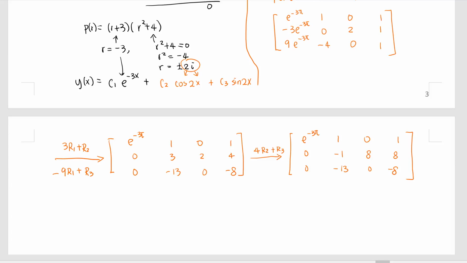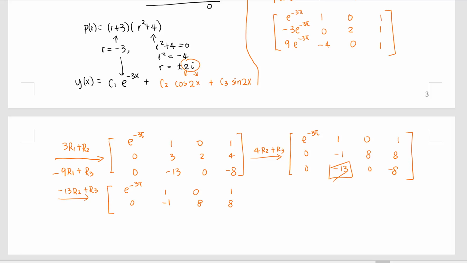So we continue. Next, we want to get rid of that. So we use negative 13 R2 add R3. Okay, so what do we get? E to the negative 3 pi, 1, 0, 1, 0, minus 1, 8, 8.